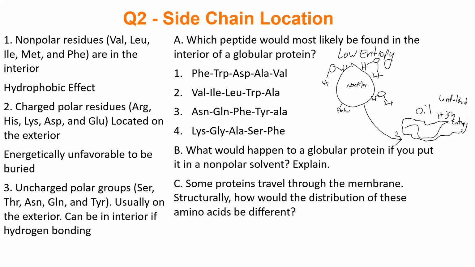So if there's no water around, there's no hydrophobic effect. If there's no hydrophobic effect, high entropy wins out. Protein will unfold and start acting like wet spaghetti and adopt all these conformations that it would not adopt in water because of the hydrophobic effect, because of hydrogen bonding.